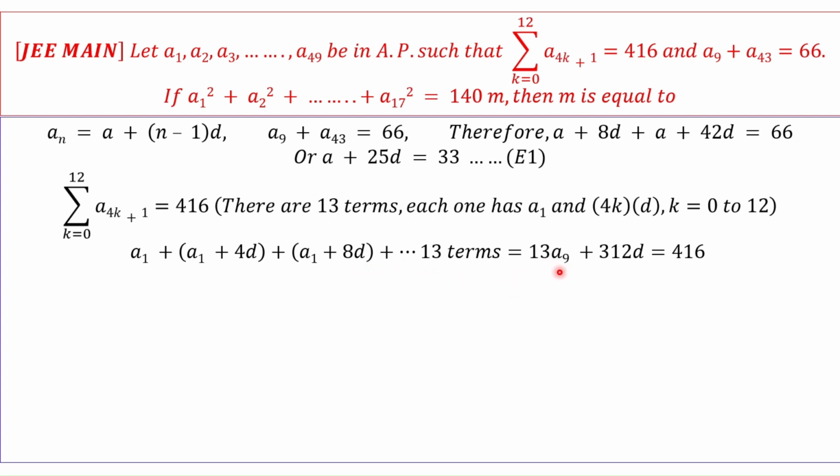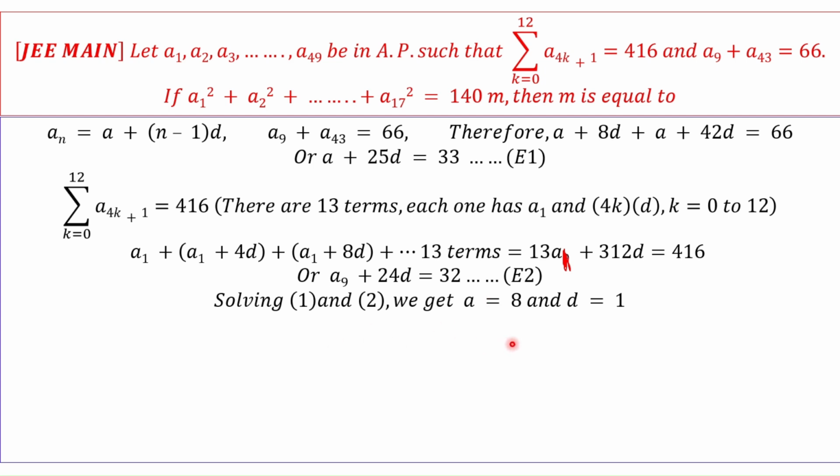That will be equal to 13a1 plus 312d, equal to 416. Now we have another equation, a9 plus 24d equal to 32. So now you solve 1 and 2, and you will get a equal to 8 and d equal to 1. These are the values you will get. Now simple.